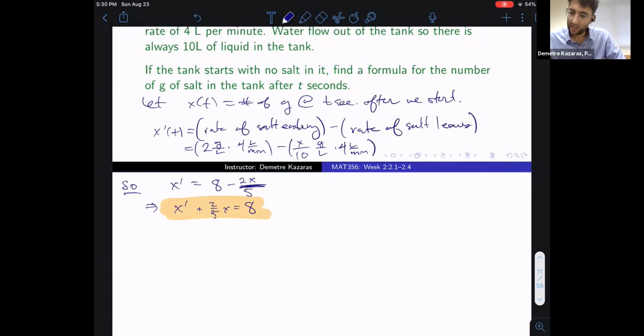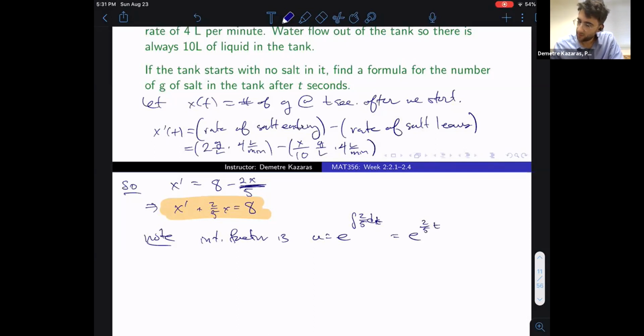Very good. Now there's only one thing to do: we should solve this differential equation. This is going to be linear, so we're well equipped to deal with it. It's actually also separable, but let's think of it as linear. You could do either way. If we think of this as a linear differential equation, then the integrating factor is just e to the antiderivative of 2/5 dt, so that's e to the 2/5 t.